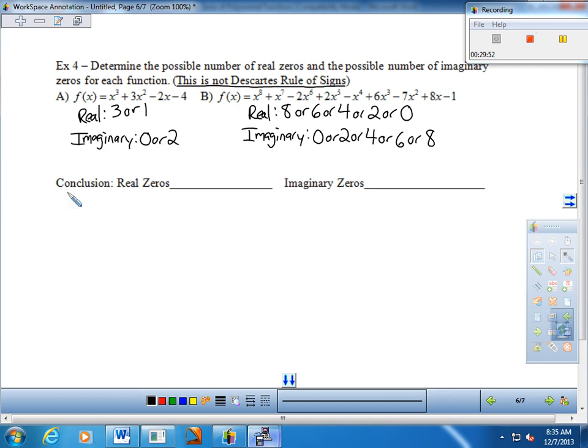But in essence, you start to see that for real numbers, I can have n real zeros. I can theoretically have all real zeros. So I can have n, but then they start going down by 2s.